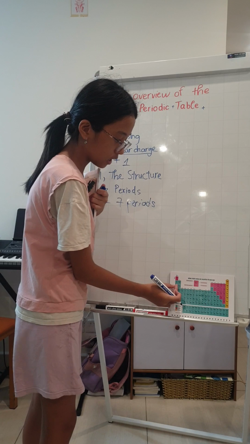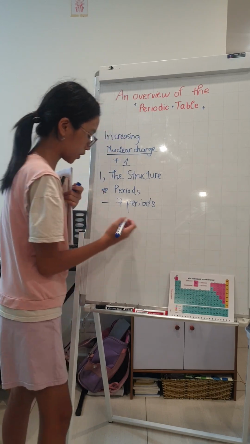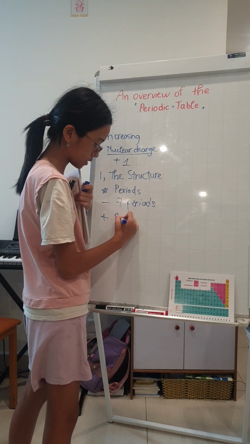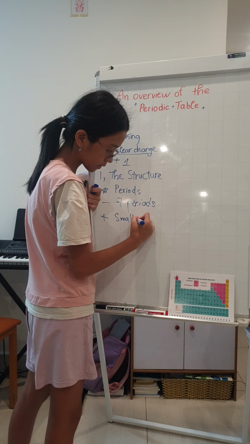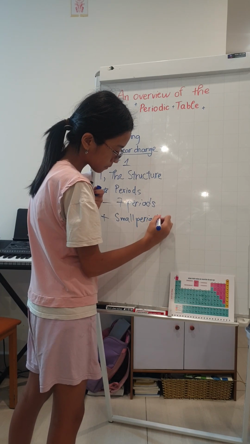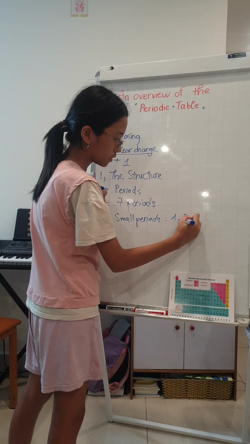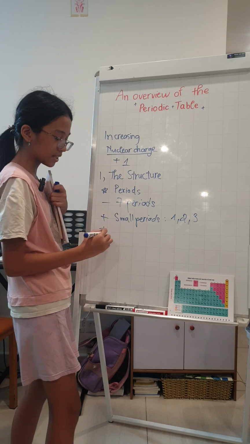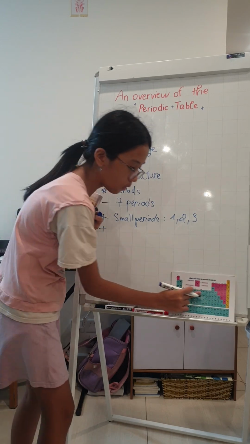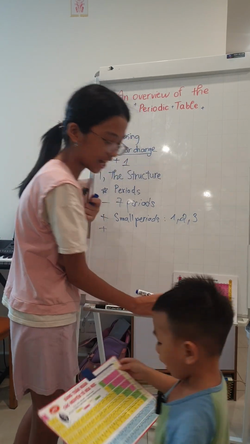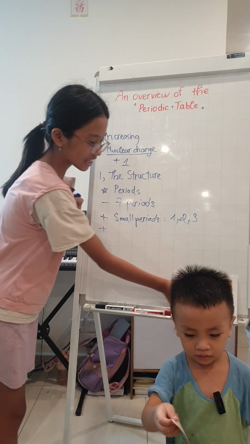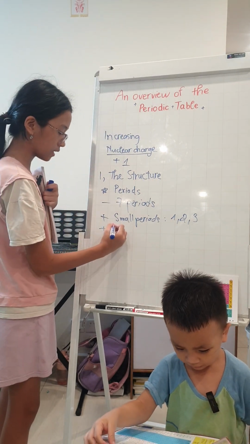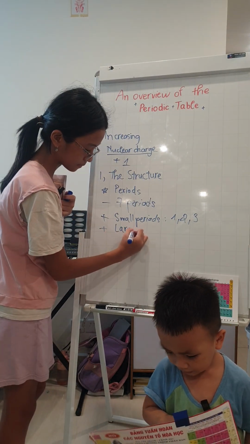So it's the same as the third period. So we call them the small periods, 1, 2, and 3. The rest of them, periods 4, 5, 6, 7, are long. So we call them large periods.